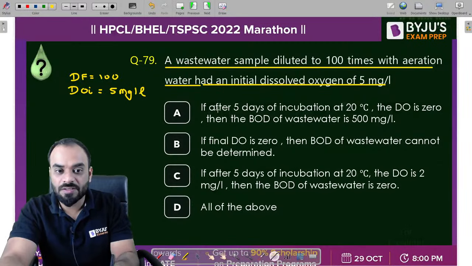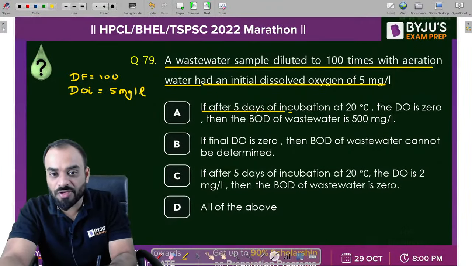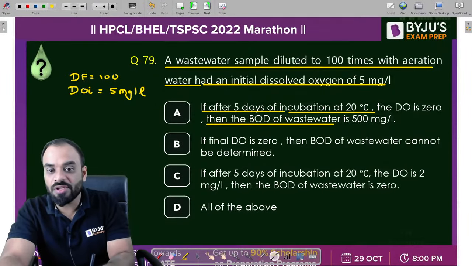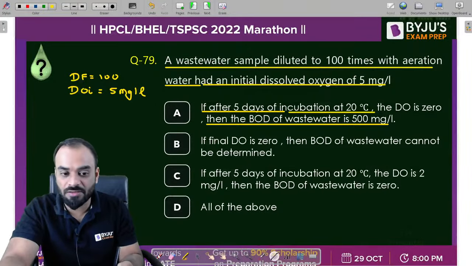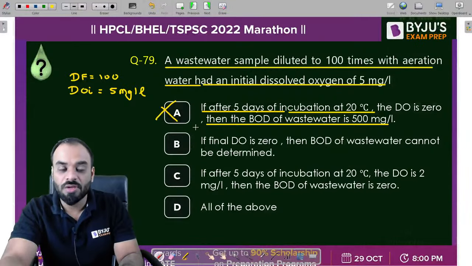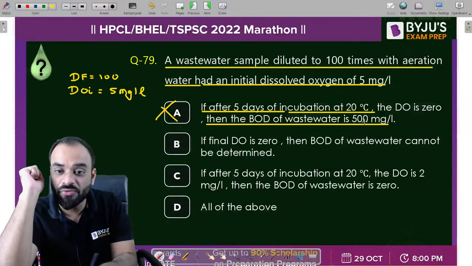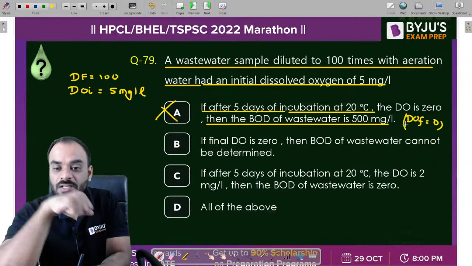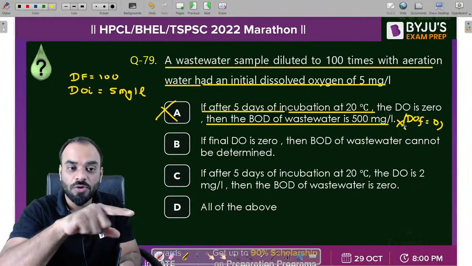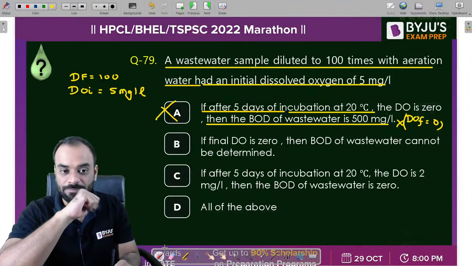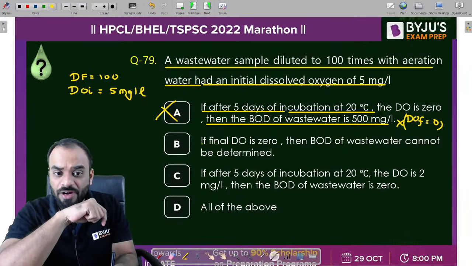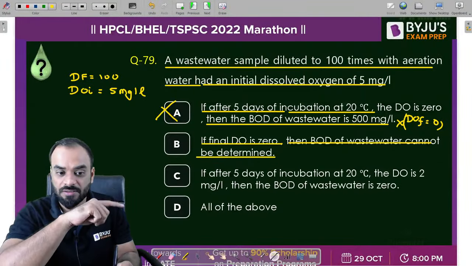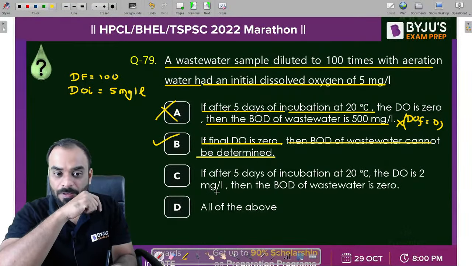Now tell me, guys, if after 5 days of incubation at 20 degrees centigrade the DO is 0, then BOD of wastewater is 500. Is A correct? No, A is wrong. Because whenever final DO is 0, you have to retest your sample. Such a sample is not useful to predict the BOD of wastewater. Next, if final DO is 0, then BOD of wastewater cannot be determined. Yes, it is correct.